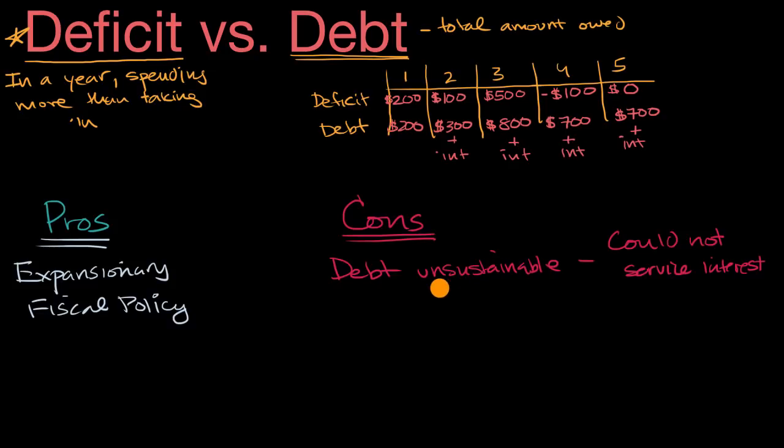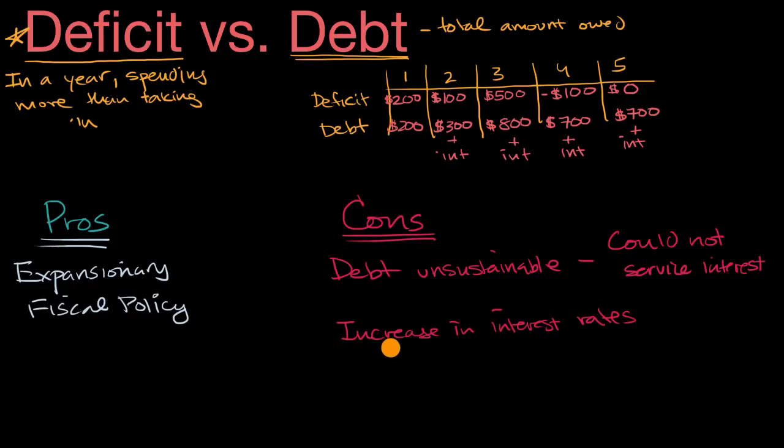Another con of running large deficits, which could lead to large accumulated debts, is that it can affect interest rates in the broader market. So it could lead to an increase in interest rates. When we study the money market, we would see that, hey, the more that the government is out there trying to borrow money, that's going to shift demand in the money markets to the right.